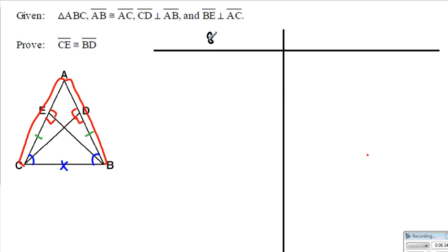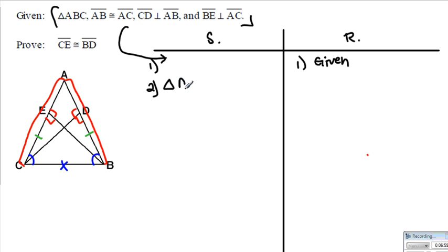So here are the statements, and then the reasons. First, we're going to assume that all these givens are right over here. Number two, we realize that triangle ABC is an isosceles triangle.